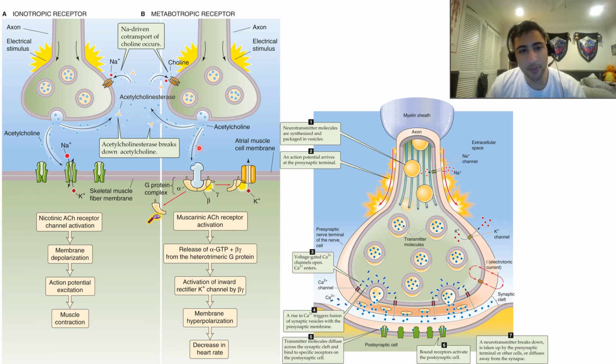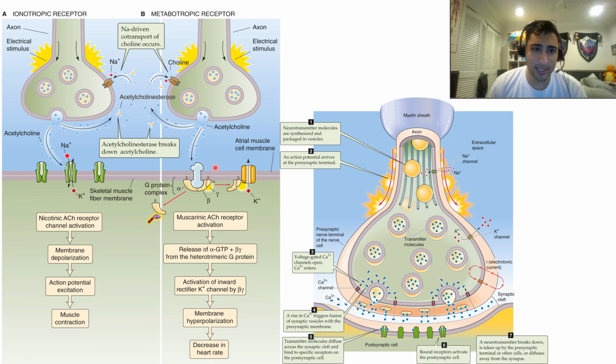The receptor is associated with the complex, and then once the receptor is bound, the complex releases the alpha component, and that causes the beta gamma component to come here, as you can see, and that beta gamma component is going to drive these inward rectifier potassium channels, and that hyperpolarizes the membrane and that causes a decrease in heart rate.